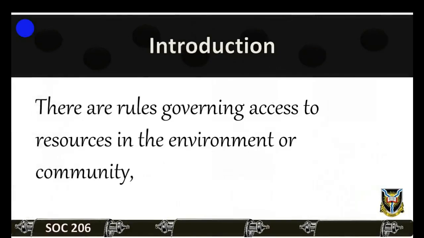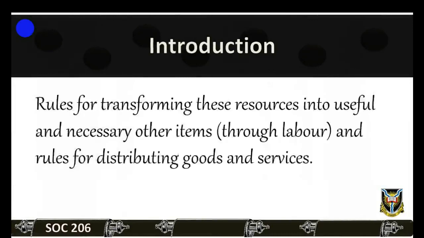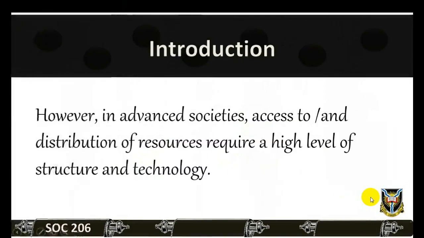There are rules governing access to resources in the environment or community, rules for transforming these resources into useful and necessary other items, that is, through labor, and rules for distributing goods and services.